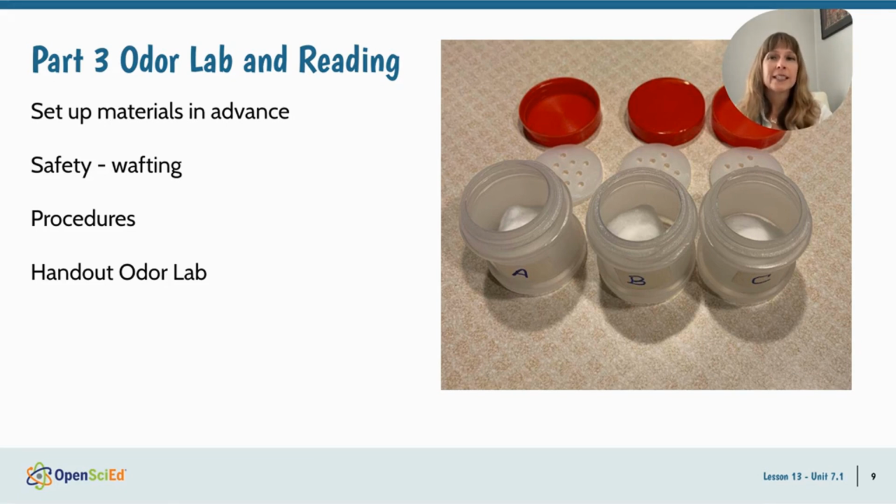You're going to want to demonstrate how to waft your odors for students so they know not to stick their nose straight into anything. That's a big safety issue. And then you'll go over the procedures and hand out a lab handout so that they can record what they notice about the different smells in the vials.